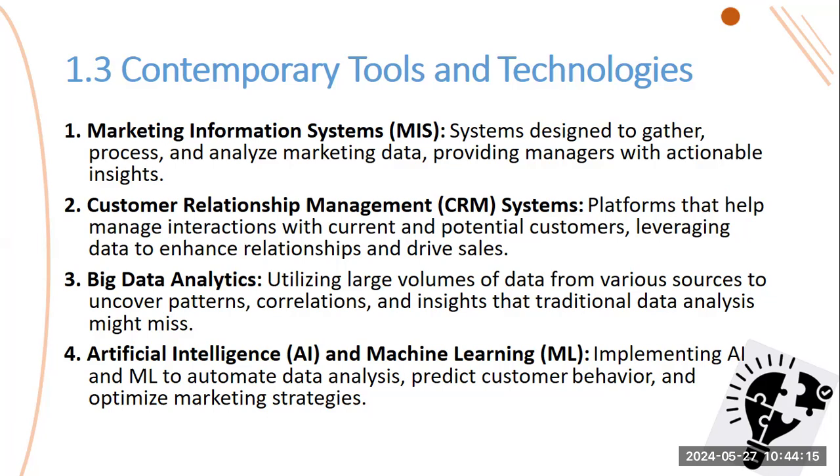The marketing information system is designed to gather, process, and analyze marketing data, providing managers with actionable insights for decision making. It collects data from different sources, processes it, continuously collects data and informs marketing managers to take decisions. A customer relationship management system, on the other hand, is a platform that helps manage interactions with current and potential customers, leveraging data to engage the relationship.